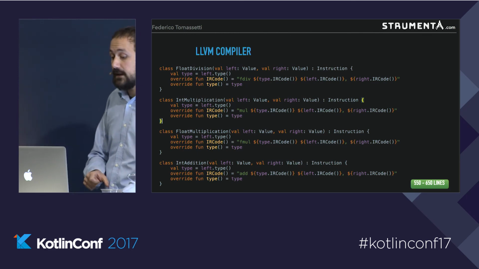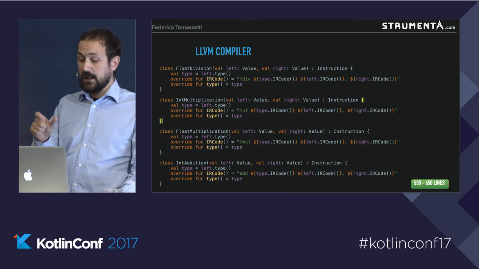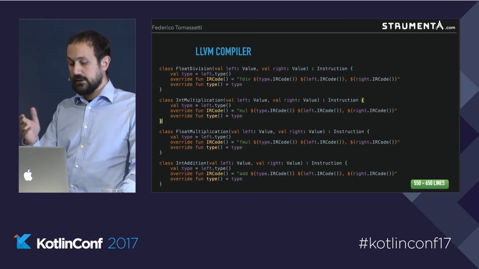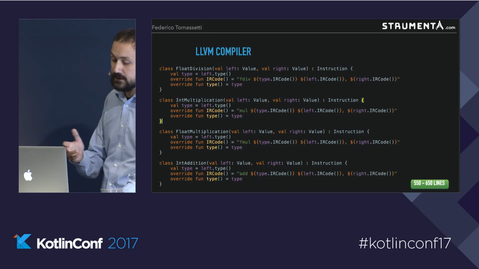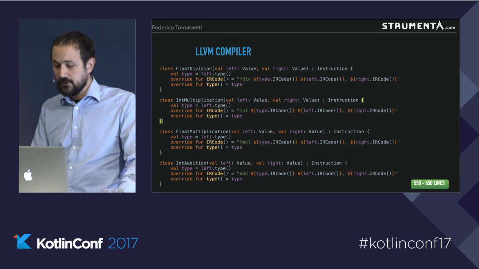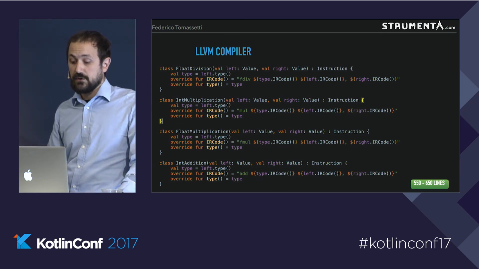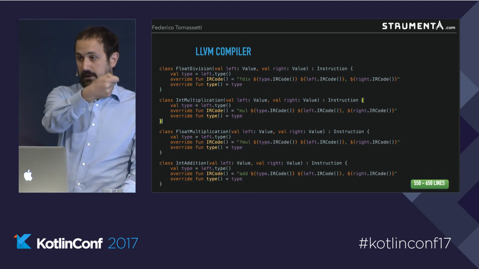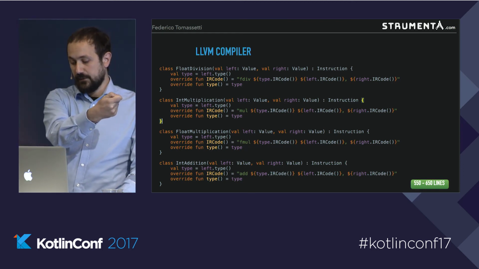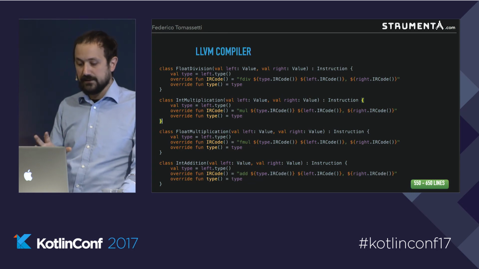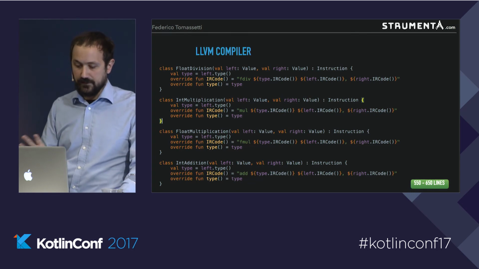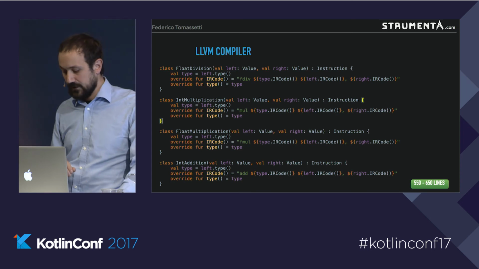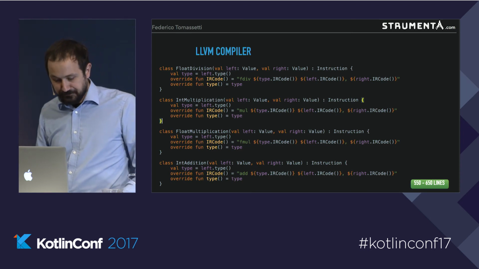Then I will specify the code corresponding to the left operand and the right operand. In the case of constants, it will be the immediate value, while in the case of references, it will be the name of the register where I put the value that I read from the symbol table. So it's a bit tricky, and it's very different in nature from the JVM compiler.